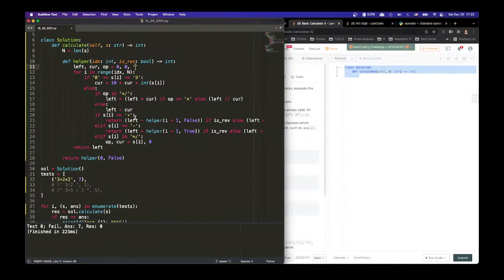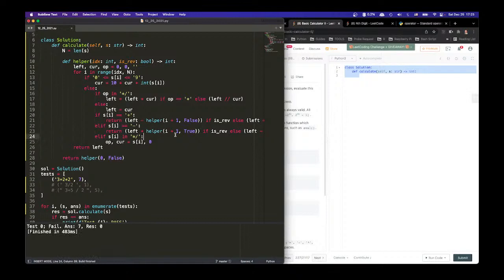Okay, and then if the current operator is plus minus, then we do this because it's set in negative. If the current operator is this, right, then we need to set operator. And I can because I set the left already. So let's try this one.